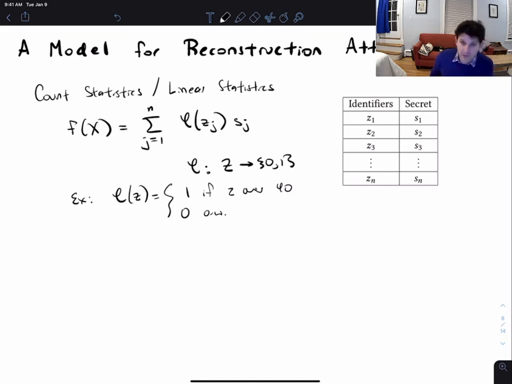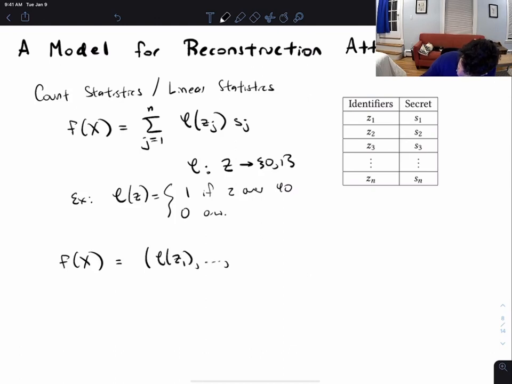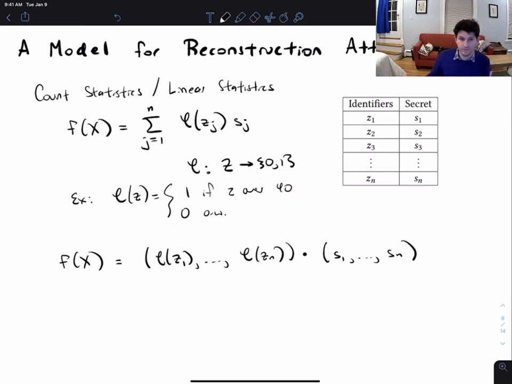The reason these are sometimes called linear statistics is because they can be written as a dot product between two vectors. The first vector is the one that applies phi to all of the identifiers z1 through zn. And the second vector is the vector of secret bits. So this is the dot product.